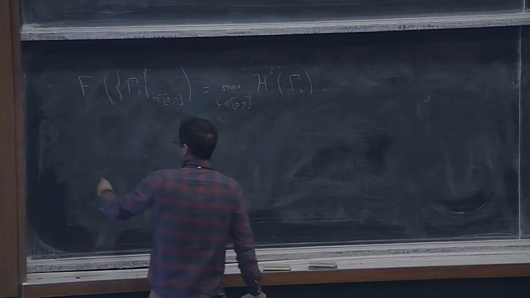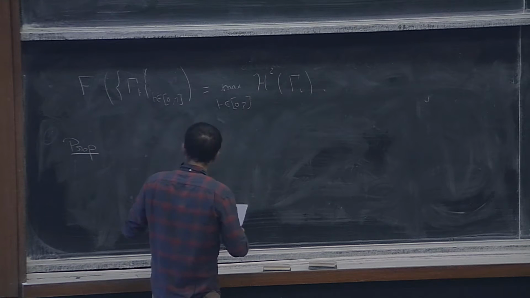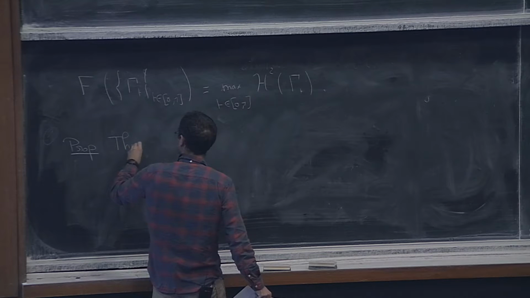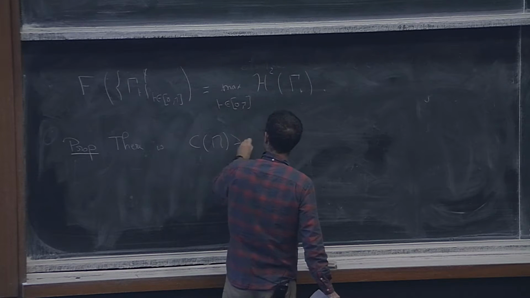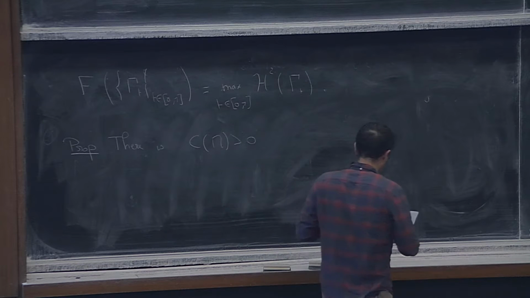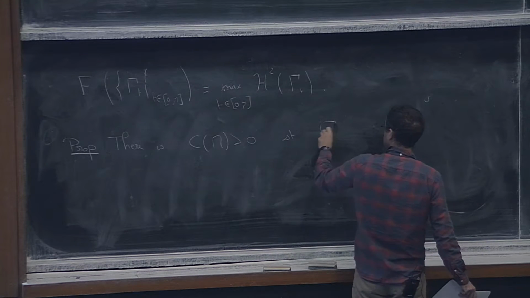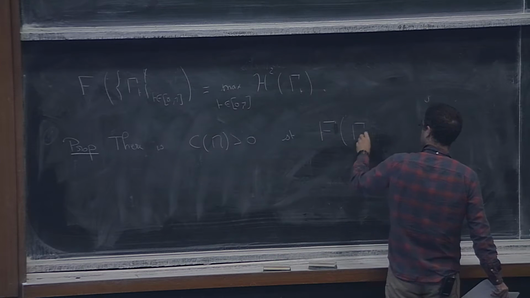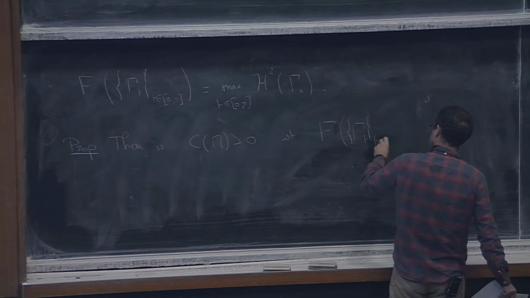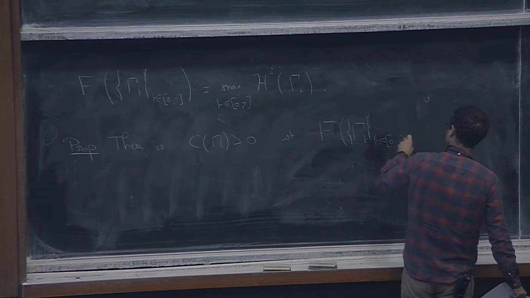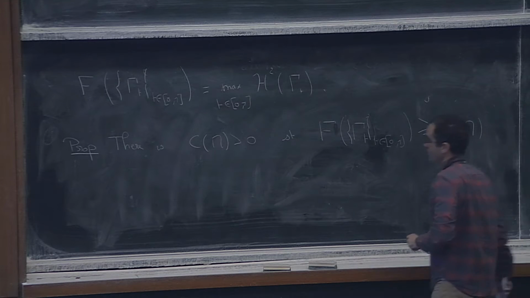And the first thing is that you have the following proposition. There is a constant C sub m, which is positive, such that this quantity, the max over t between 0 and 1, is at least C sub m for any sweep out.